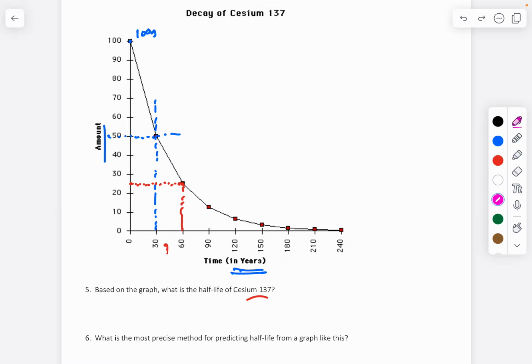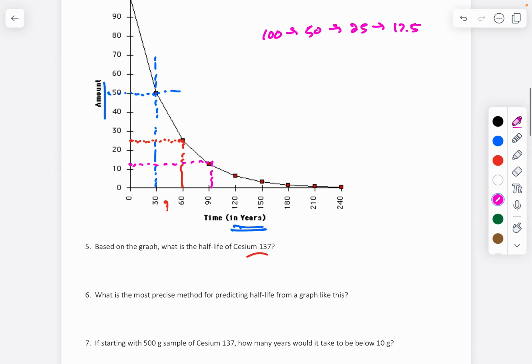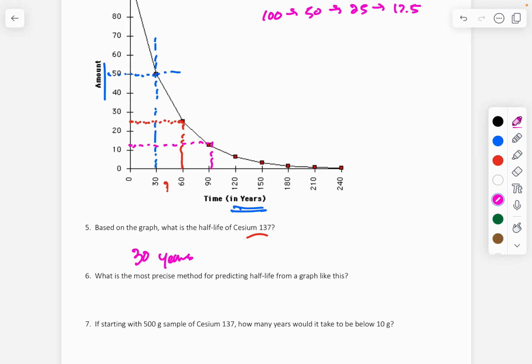And then we're going from 100 to 50 to 25 to 12.5. So 12.5 is here. Based on the graph, what is the half-life of cesium? About 30 years. Approximately 30 years, I suppose we can say that.